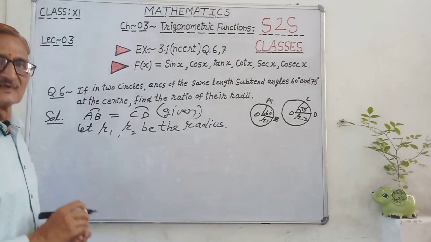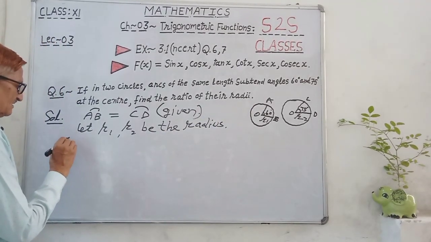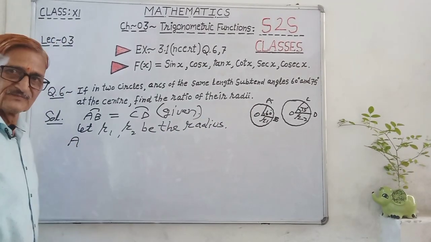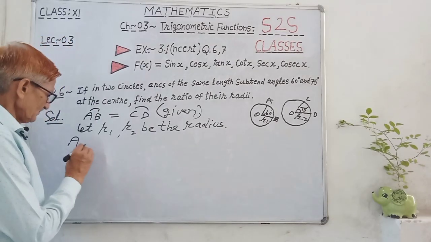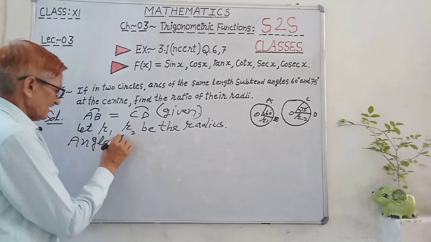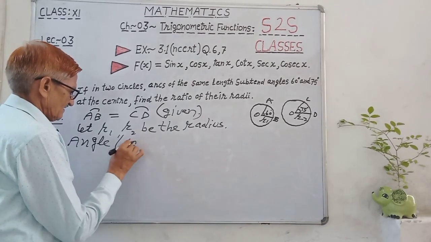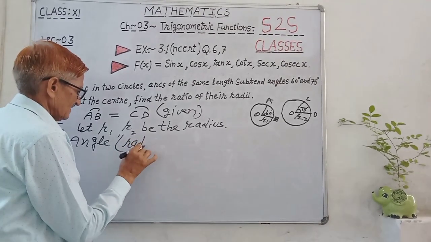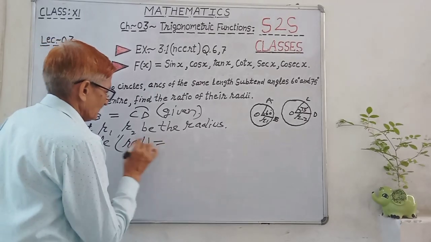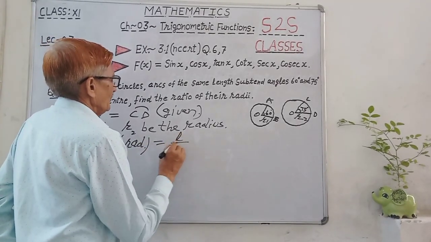Okay, now we know the angle formula. What formula? Angle in radian, not in degree, is equal to length of arc upon radius.